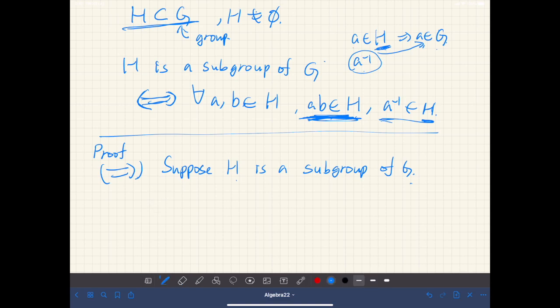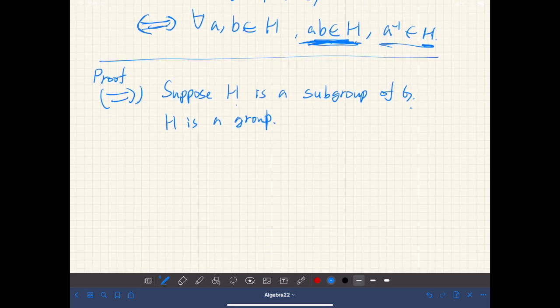Therefore, for all elements A, B in H, we have AB is in H. So H is closed under multiplication. So this one is satisfied.